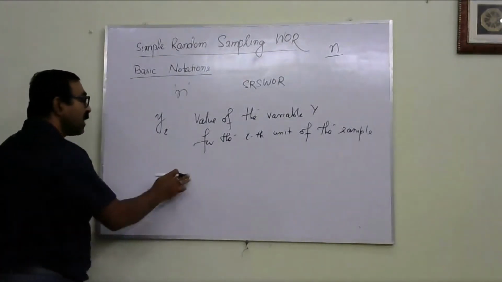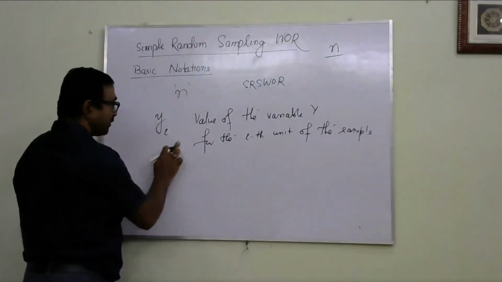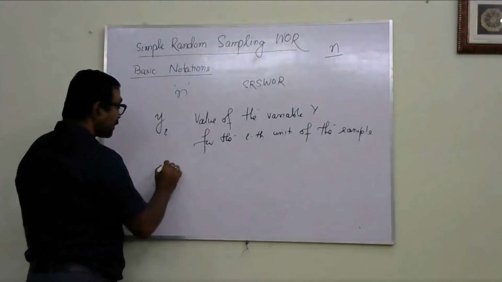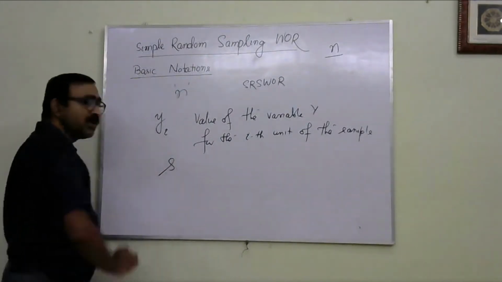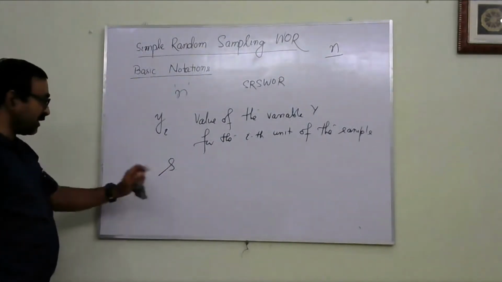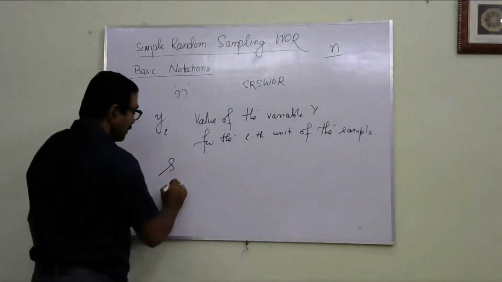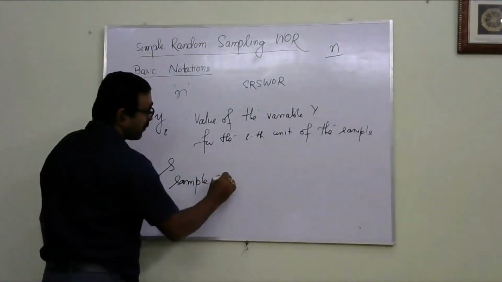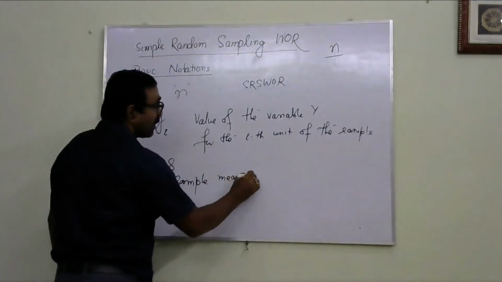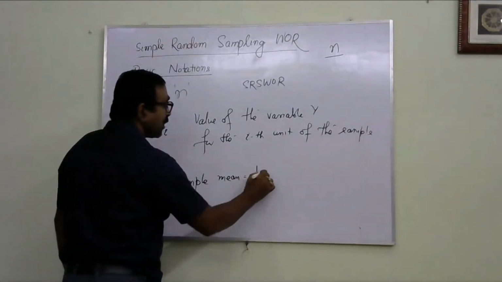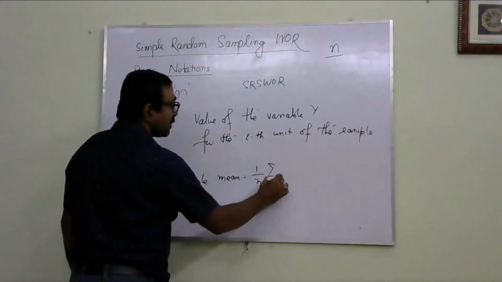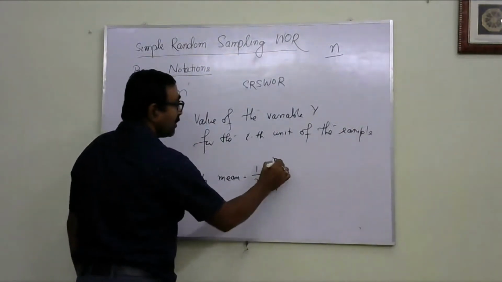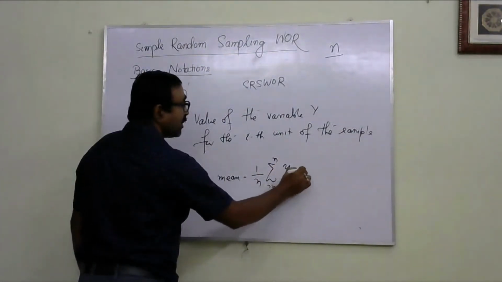So now we will denote the sample of size n as S. So we have the sample mean equal to 1 by n summation i equal to 1 to n, yi.